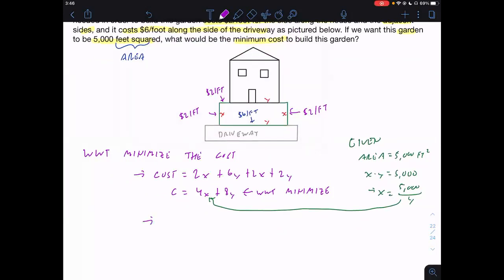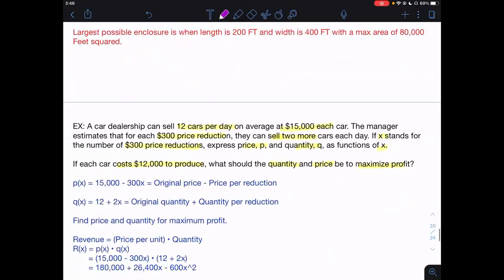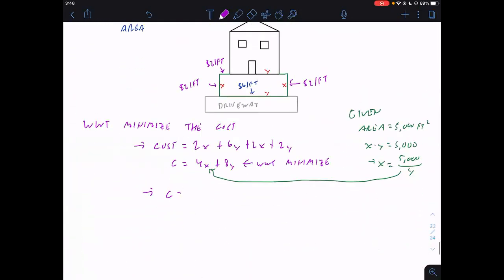Let's rewrite our cost function as c equals 4 times x, which can be substituted by 5,000 over y, plus 8 times y.